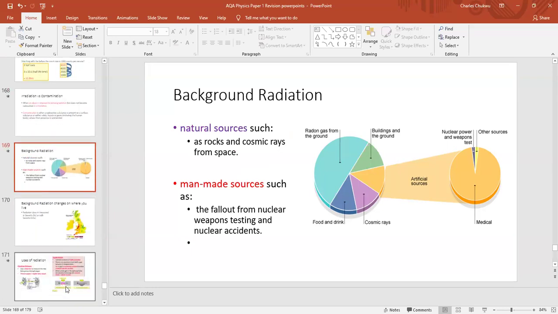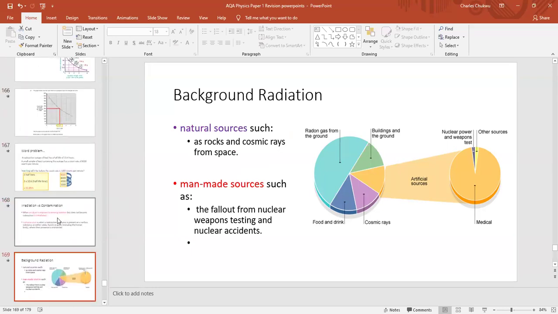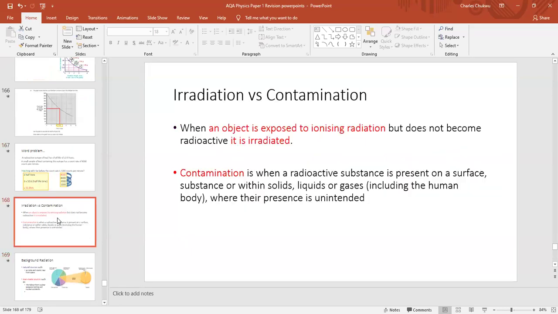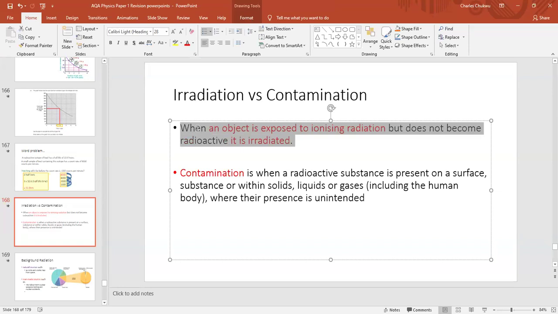Okay. Radiation seems to be a lot, but yeah, I guess. Okay, so these are basic concepts of radiation, right? Yes. Radiation versus contamination. I think I saw one of those questions we've done before had a reference to this. It says when an object is exposed to ionizing radiation but does not become radioactive, then it's irradiated.